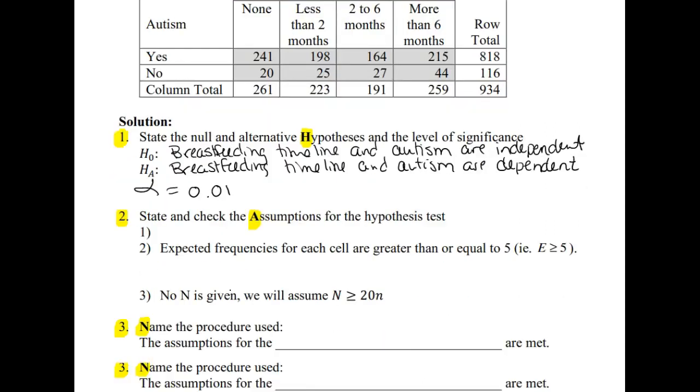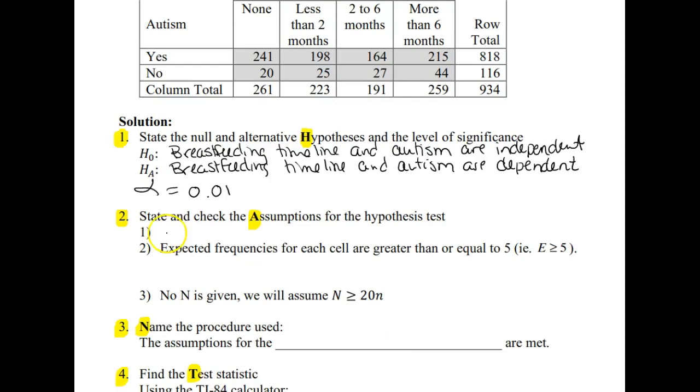All right, so our next step here is to check the assumptions for the test. And in the paragraph, they told us that they took a random sample of 934 infants. Okay, the next condition is that the expected frequencies for each cell have to be greater than or equal to 5.